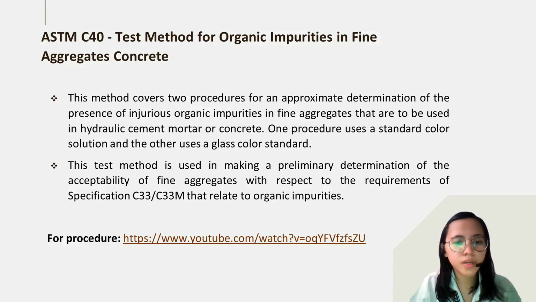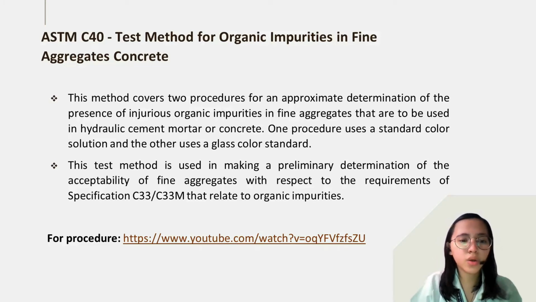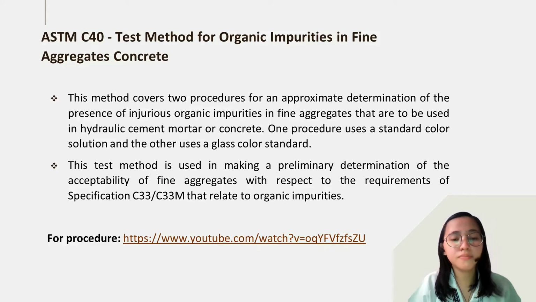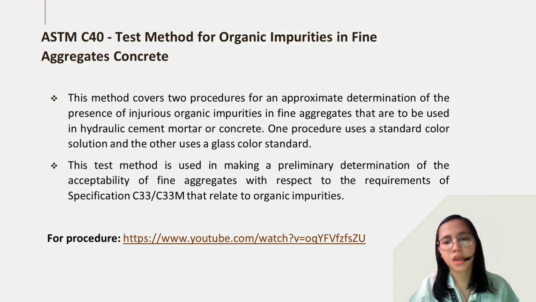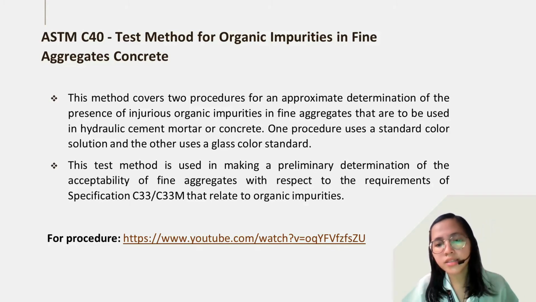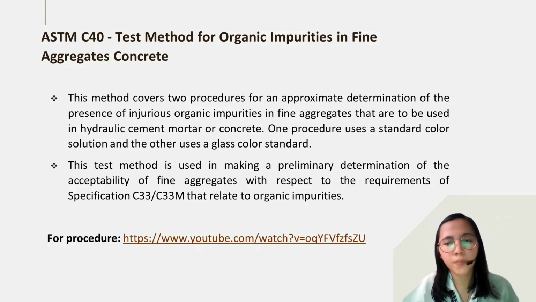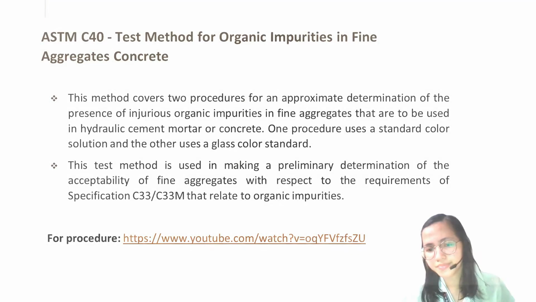When a sample subjected to this test produces a color darker than the standard color, it is advisable to perform the test for the effect of organic impurities on the strength of mortar in accordance with test method C87 or C87M, that I will discuss later on. So here's another video for the procedure of this method.